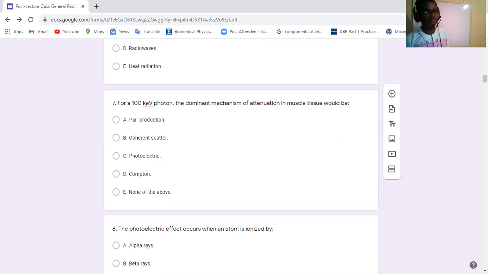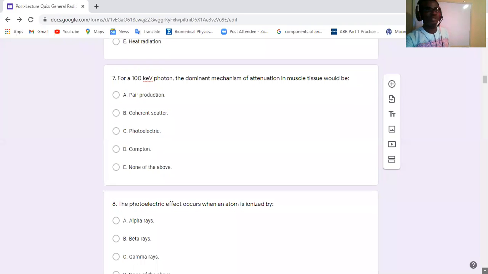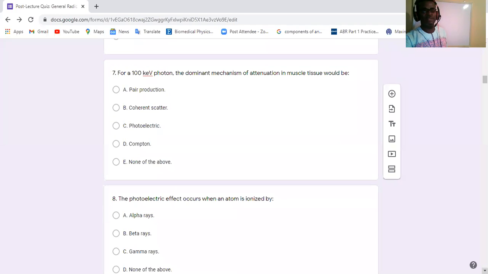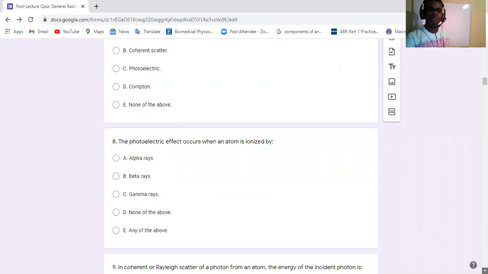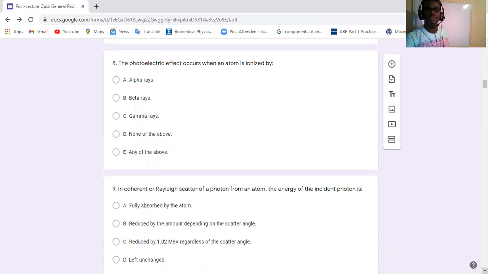Compton will continue, and the photoelectric effect will just remain at the level it was before. Bringing in contrast would have no advantage. But since we are using a polyenergetic beam, with energies from 20 to 30 and up, most of the beam coming in at 30 will enhance the photoelectric effect, whereas Compton will still continue to take place. So the iodine contrast will have an effect there by increasing the photoelectric effect.